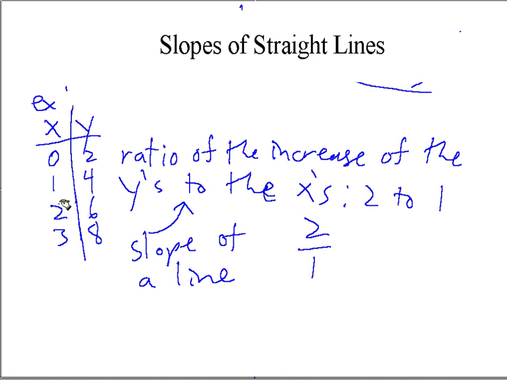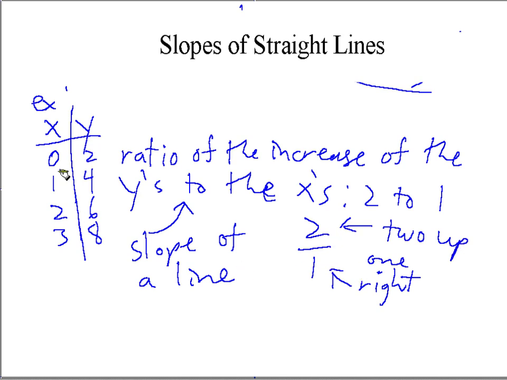So that means if we go to the right 1, we go 2 up. In other words, for every unit I go 1 to the right, I'm going to go 2 units up here.